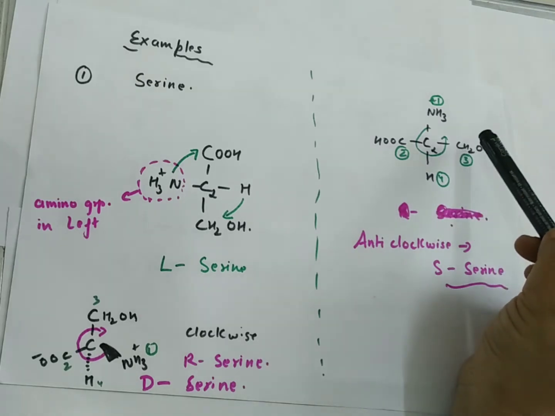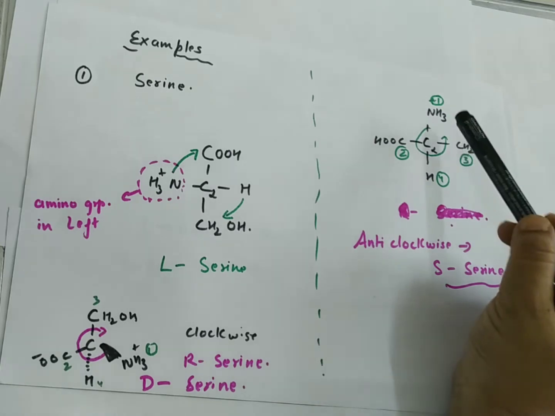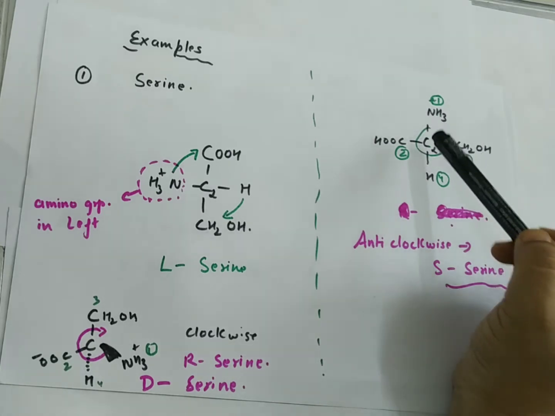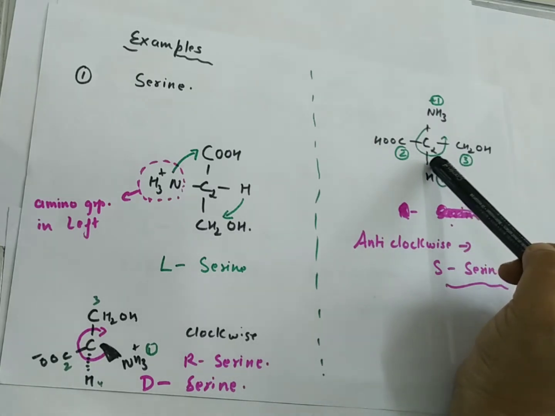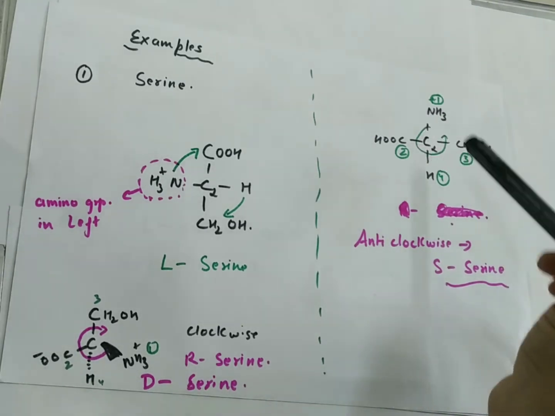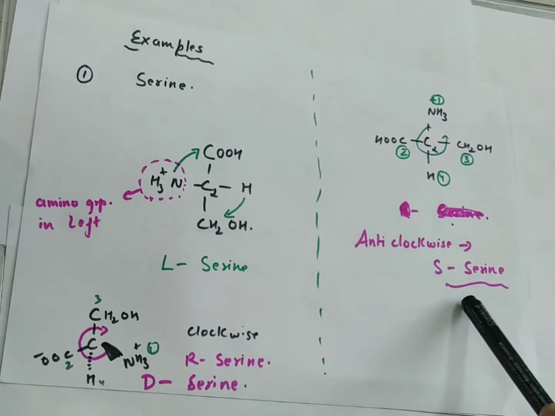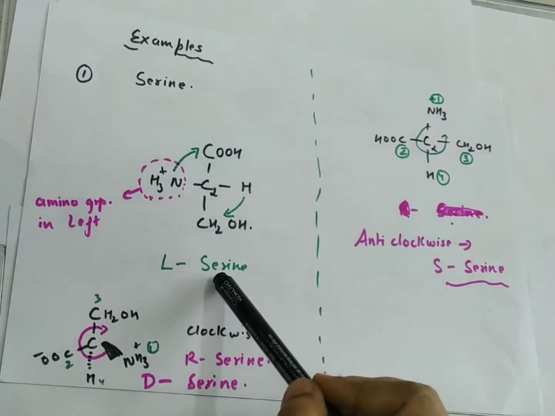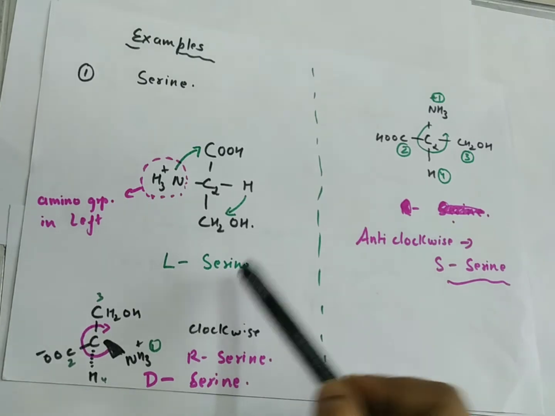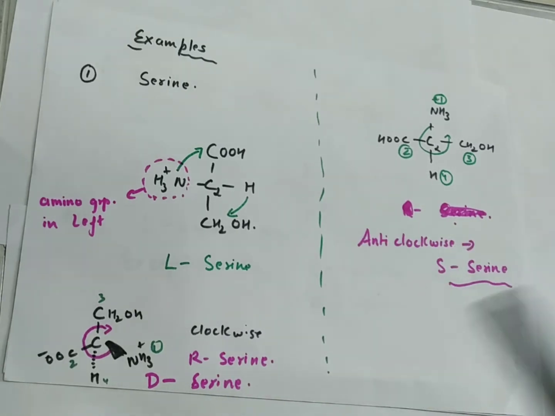This carbon is attached to hydrogen, so it is 3. Now if we move from 1 to 3, we move anti-clockwise. So in the RS system, it is S-serine. So L-serine of the DL system is S-serine of the RS system.